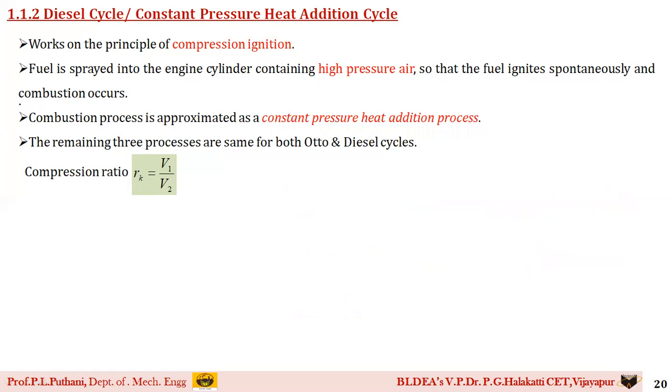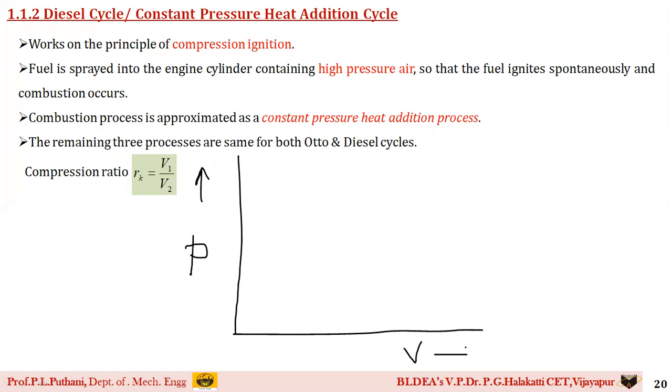Then a very important point: when I begin to draw the PV diagram of a diesel cycle, it somewhat looks like this, students. Please observe here. I will draw the pressure volume diagram. So initially 1 to 2, what happens? Isentropic compression.